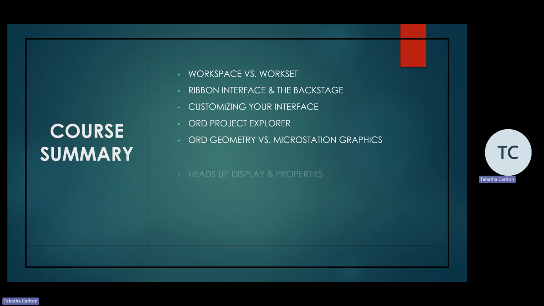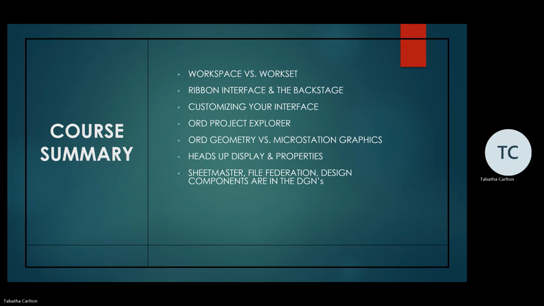We talked about the heads-up display and getting the properties that way. Sheet master, file federation, all the design components are in the file now rather than having to open up or set up an RWK that opens up an ALG, ETN, all that stuff, like in OpenRoads. And we talked about named boundaries and civil cells.